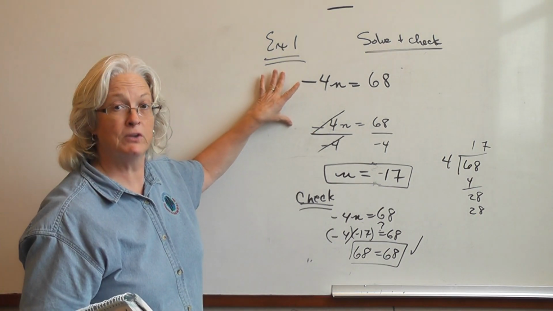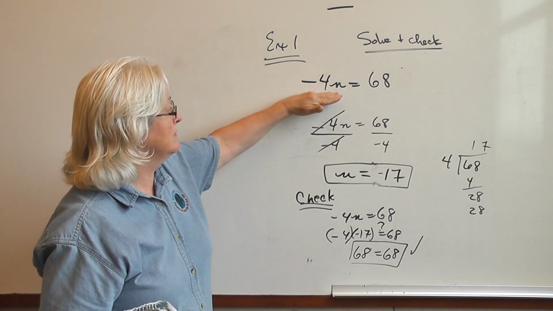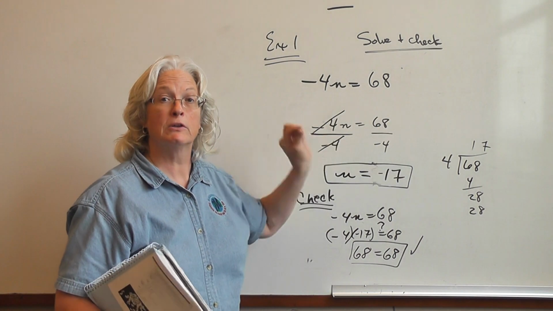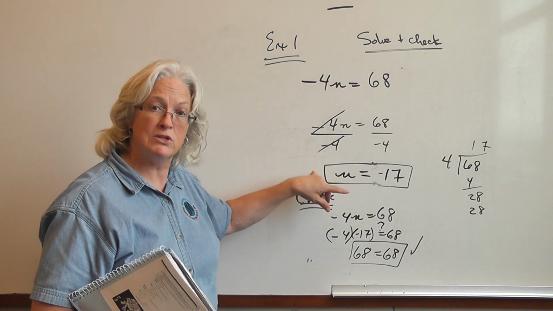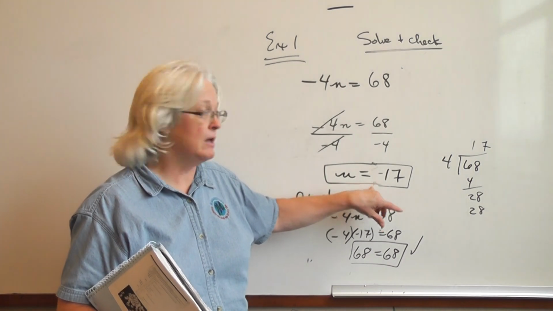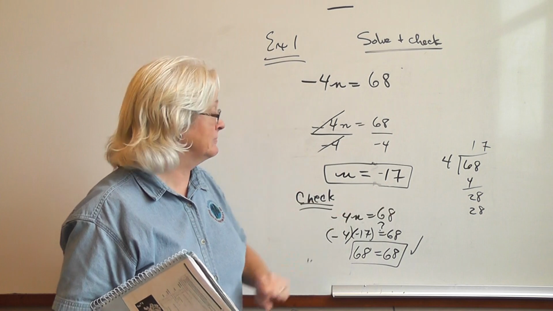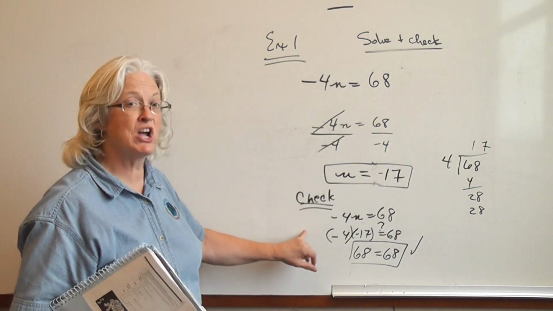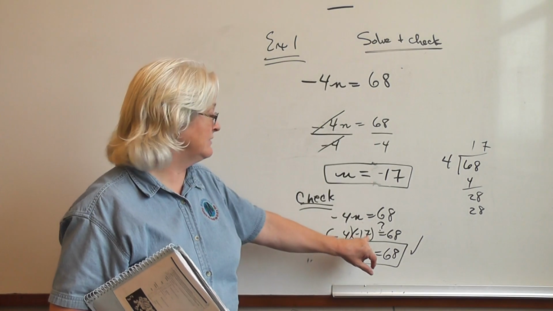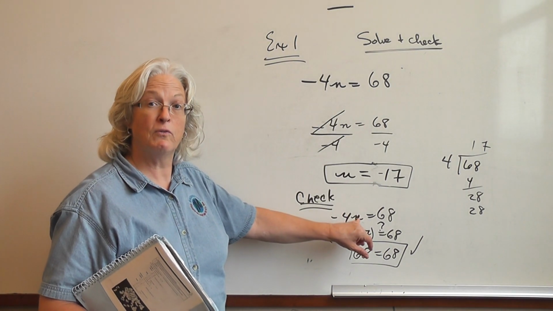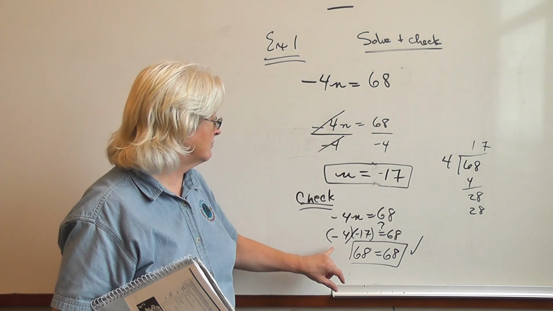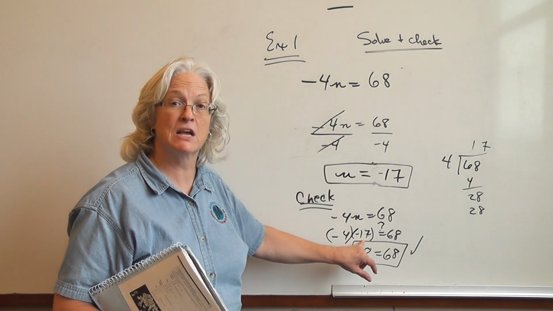And there you have verified. First, you've solved your problem by applying the inverse, which is division by a negative 4 to both sides of the equation, resulting with the solution that says that the value for n is a negative 17. Then you have checked that by substituting a negative 17 in for the original variable, resulting in negative 4 times negative 17.